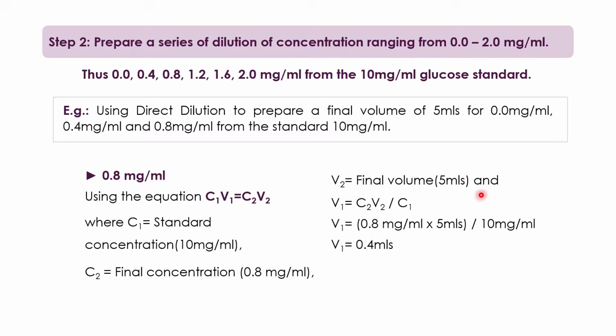V2 is our final volume, and V1 happens to be the volume of our standard needed to prepare the final concentration of 0.8 milligrams per ml in 5 mls. Making V1 the subject, we get V1 equals C2V2 divided by C1. Substituting these values into the equation, we get V1 to be 0.4 mls. I will encourage you to do the 1.2, 1.6 and 2.0 milligrams per ml.